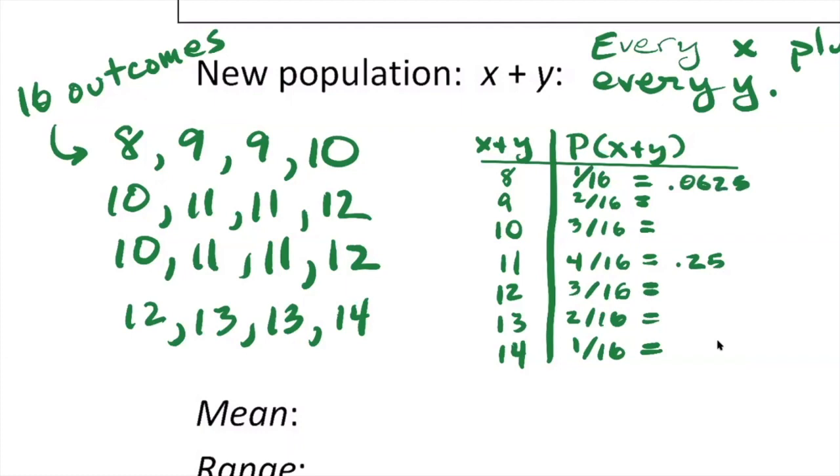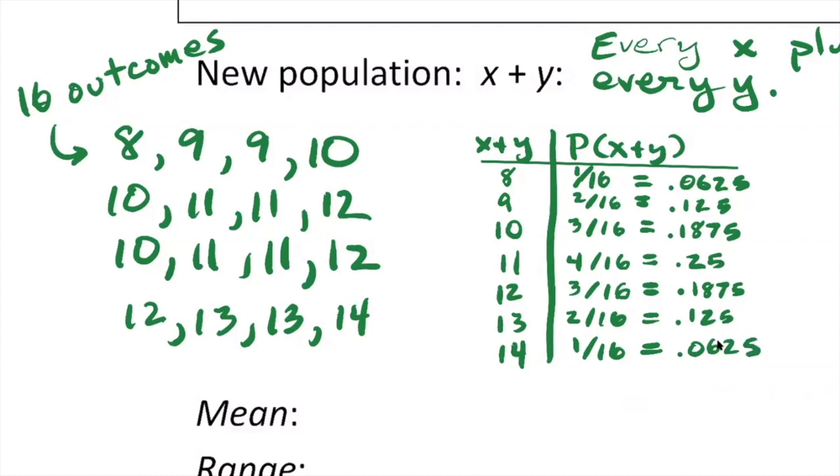And 2 out of 16 would be twice that, so that's 0.125. 3 out of 16 is 0.1875. And then these repeat.